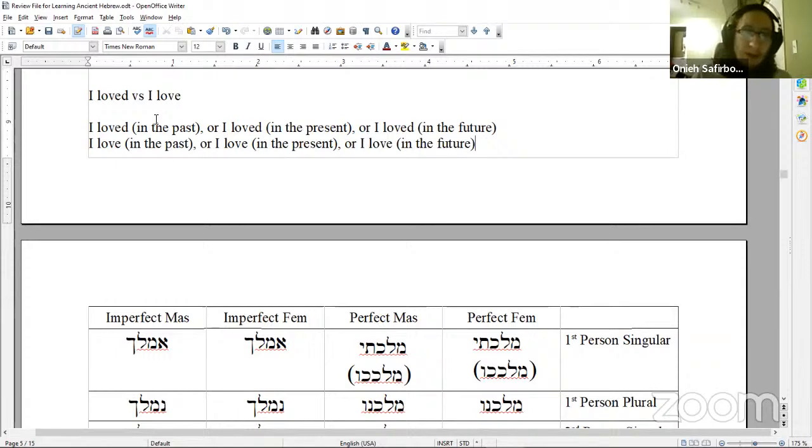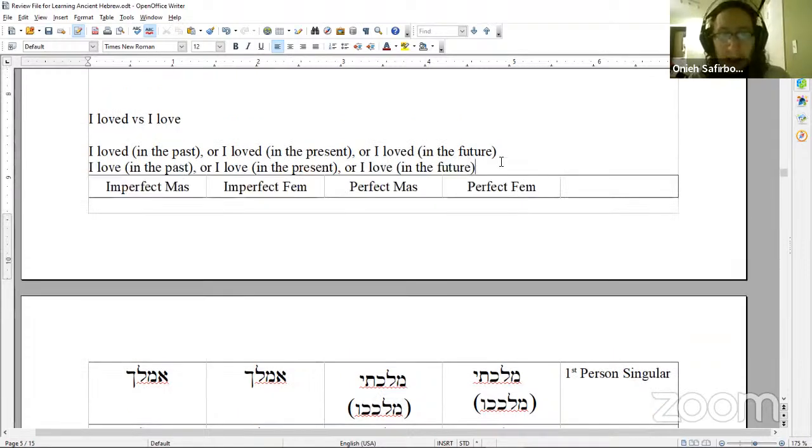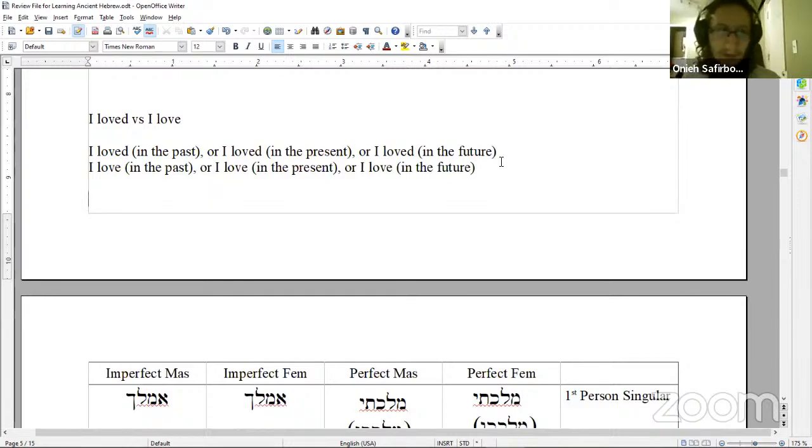So the way this would work in Hebrew, let me see the best translation here. Okay, for love, it's I did love, I do love, I will love.